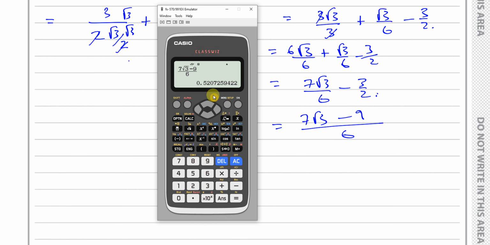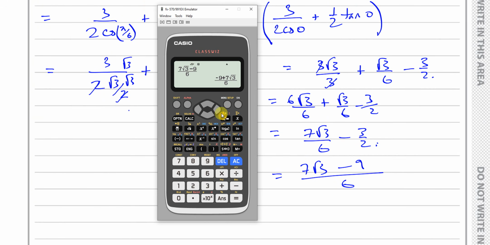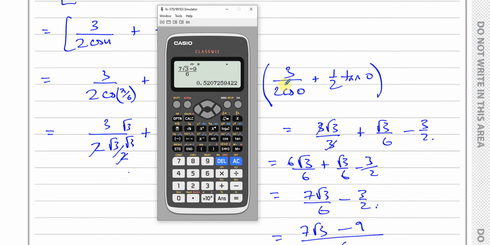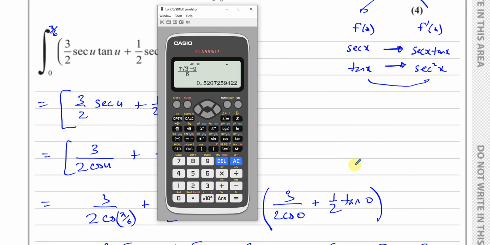That's exactly the same value that we got with this 0.5207, and this was the answer that we got with the integral when we finished it, which was, as we said, 0.5207. Okay, and that's how you can check your answer.